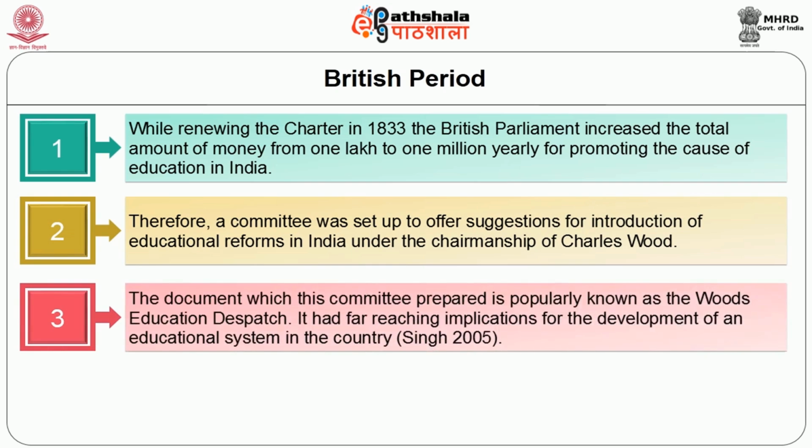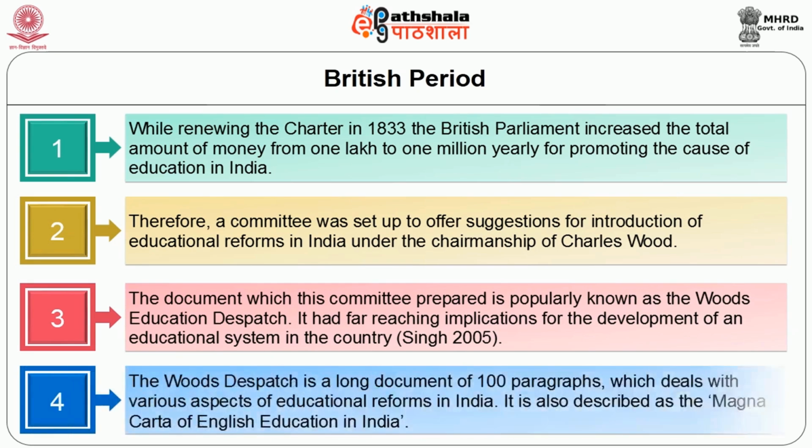The document which the committee prepared is popularly known as Wood's Education Dispatch. It had far-reaching implications for the development of an educational system in the country. It is also described as the Magna Carta of English education in India.